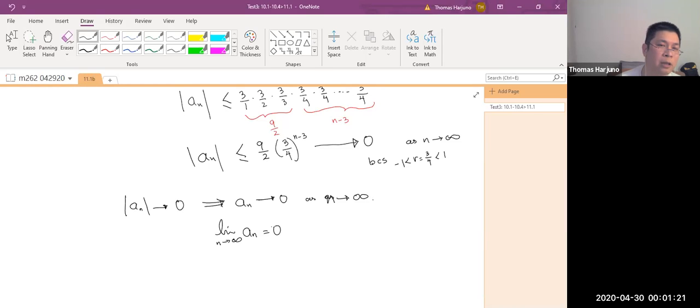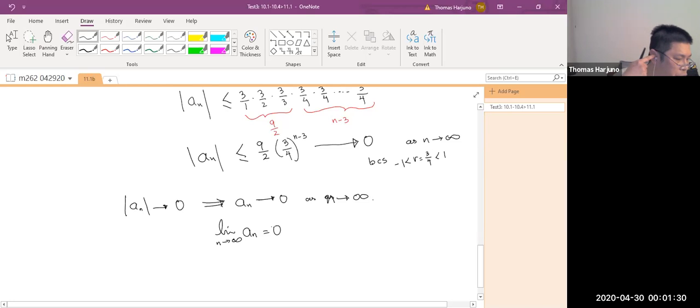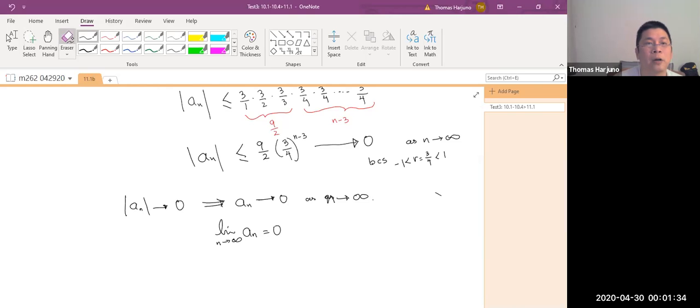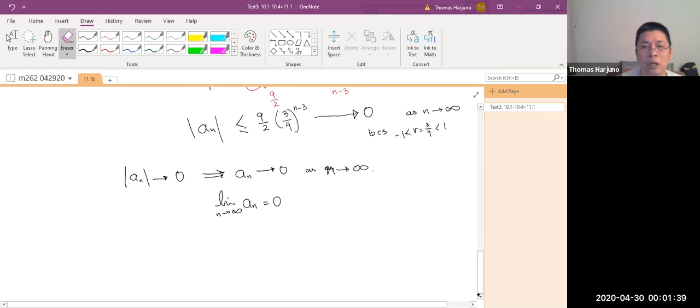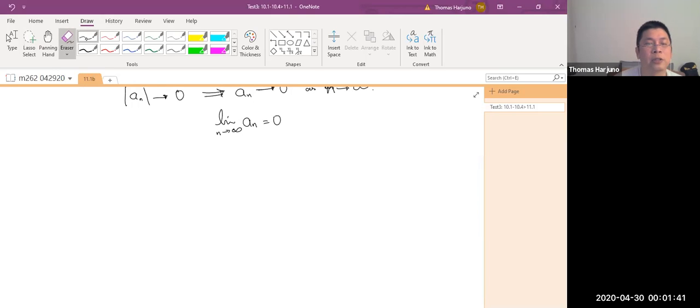I didn't write limit at the beginning. Do you notice that? I just simplified each term first and then concluded from there. Now, furthermore, the second part, what is a monotonic sequence?